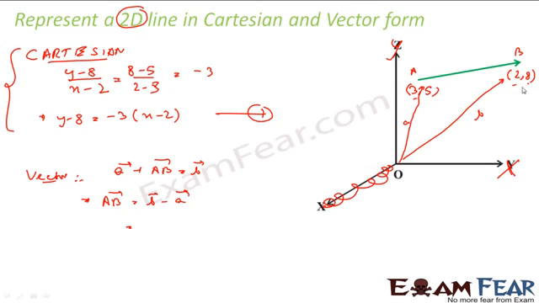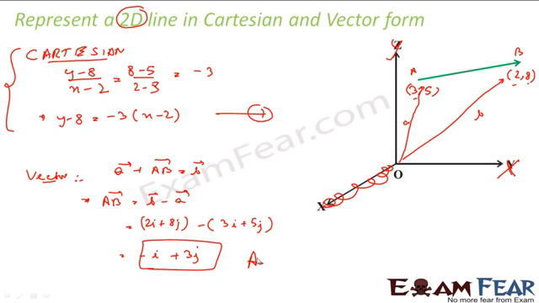So what is B vector? It is 2i plus 8j, correct? 2i plus 8j minus A vector, 3i plus 5j, correct? So this is nothing but minus i plus 3j, and this is my vector representation for this 2D line.